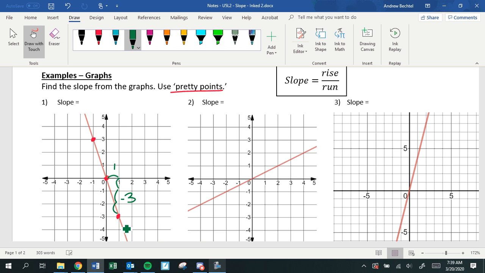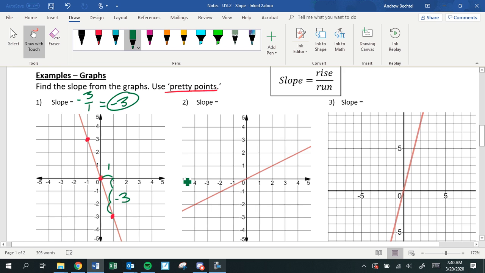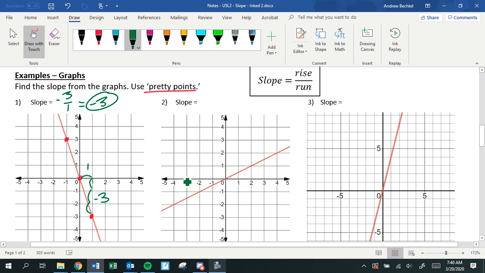Because we're going down, we're going to make that a negative. The slope here is the rise over the run, so it's -3 over 1. Just like above, we can divide that to get -3. It doesn't matter which 2 points you pick. We'll look more at that in number 2.